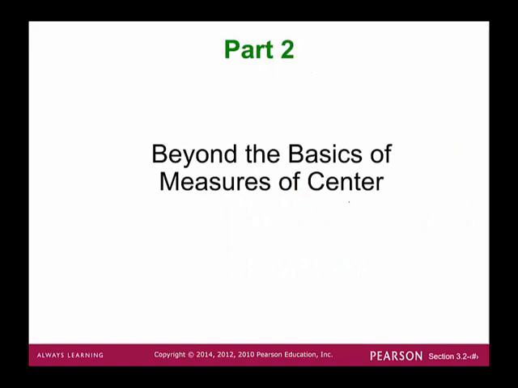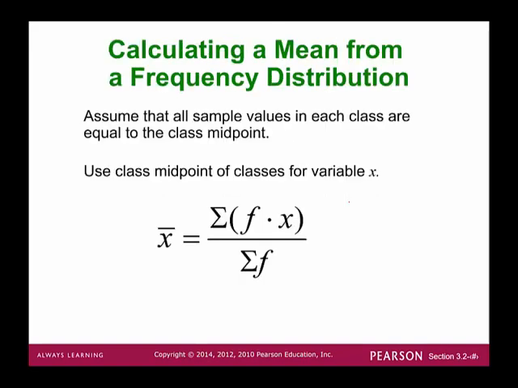All right, so now let's take a look at some applications of the measure of the center. First one is calculating the mean from the frequency distribution. We learned the frequency distribution in chapter 2.